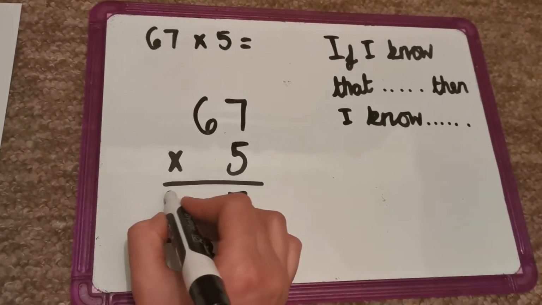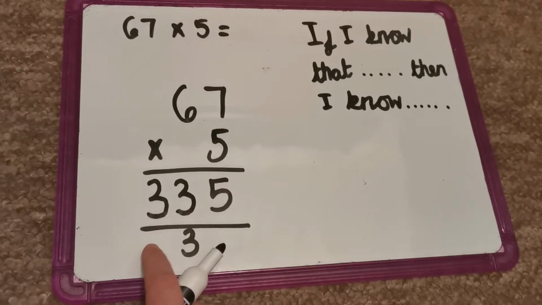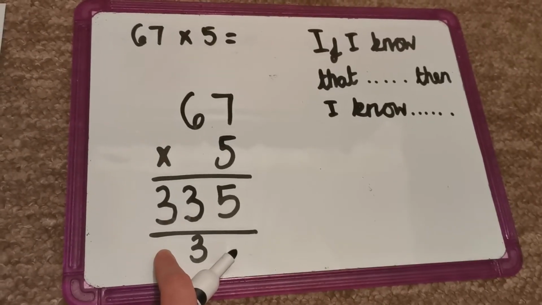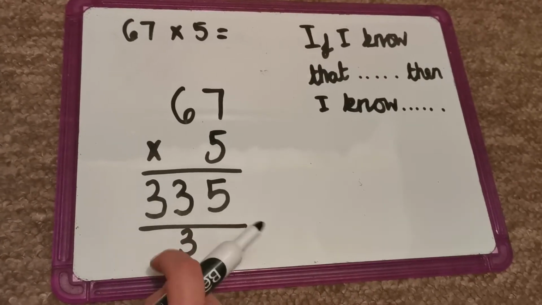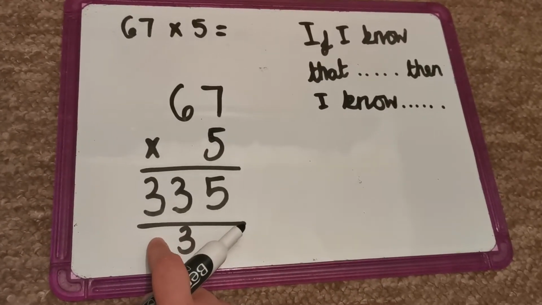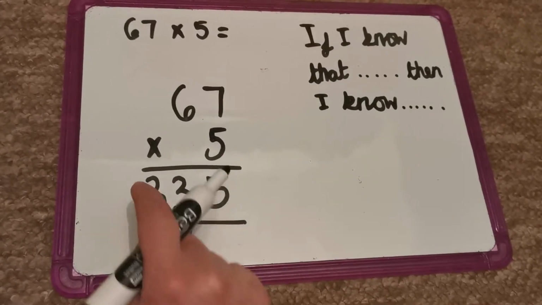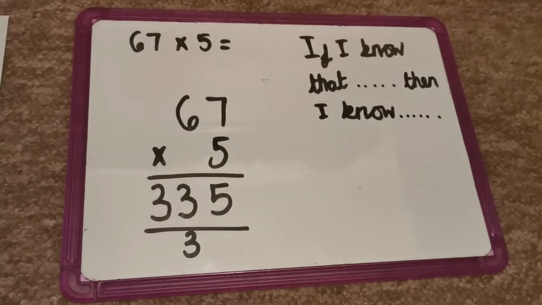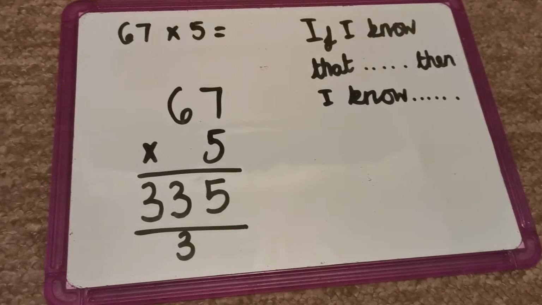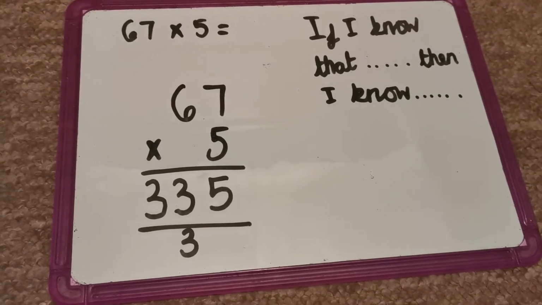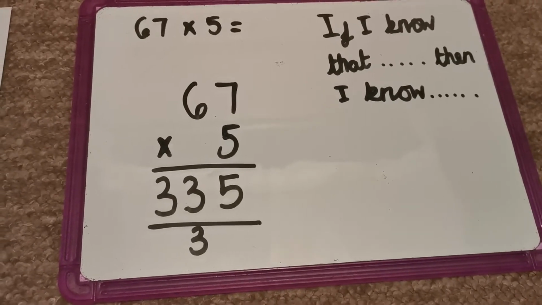I don't need to write my extra hundreds here, because I don't have any hundreds to multiply by, so I can place the answer straight in the answer box, just like yesterday. I don't need to write that I have 300 down here and then place it up here. I'm going to write it straight into my answer box. So I have 6 times 5 is 30, plus 3 is 33, which is 33 tens, which is the same as 330.